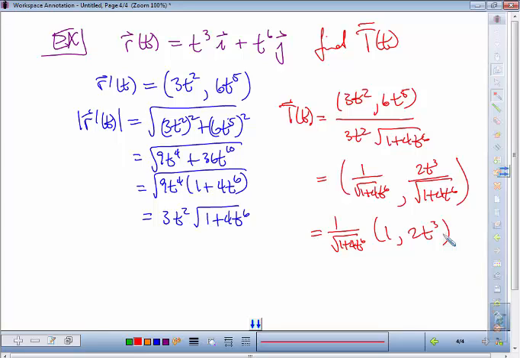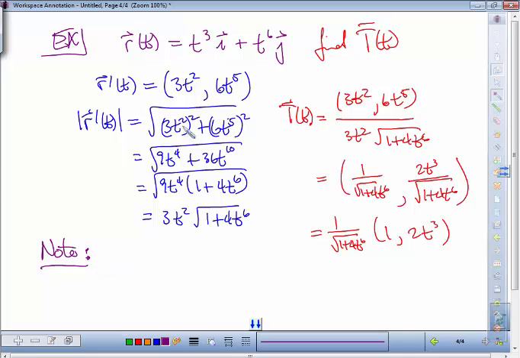It also gives you the speed. Since we're not really talking about particles in space yet, but the geometry of the space curve, this would go under the next section, when they start talking about motion in space.